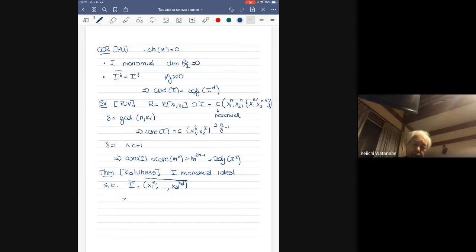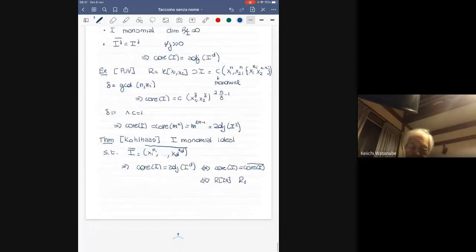So this is, if you want, half of the cases, when the core of I is the adjoint of I to the d, if and only if the core of I is integrally closed, if and only if the projective spectrum of the Rees algebra has R1.